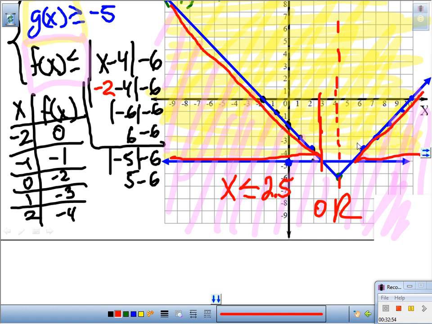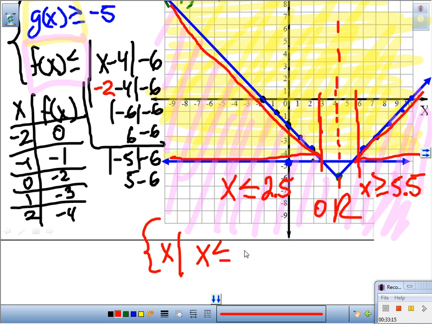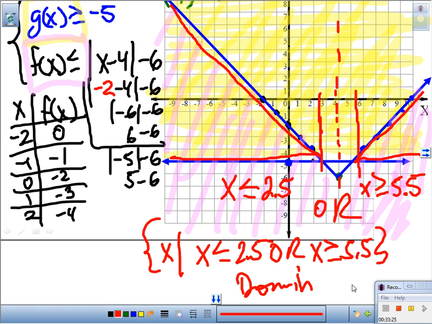And where's this one beginning? It's about right there, which is what? X is greater than or equal to 5.5. So what does that mean, Mr. Q? We write it as solution set of x such that x less than or equal to 2.5 or x greater than or equal to 5.5. And that's our domain for the solution.